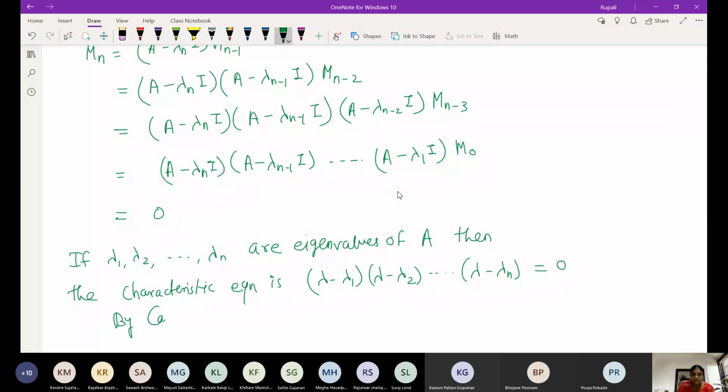By Cayley-Hamilton theorem, every matrix satisfies its characteristic equation.